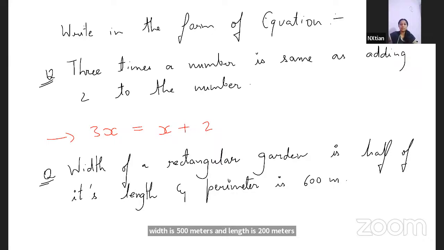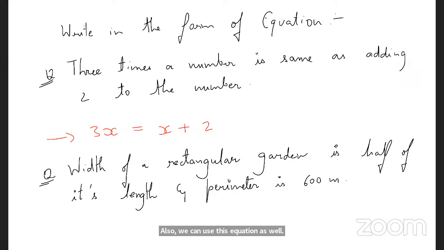So we can use 2 times length plus breadth. Also, we can use this equation as well. See Zara, we have two things here, length and breadth. Two things we are asked.